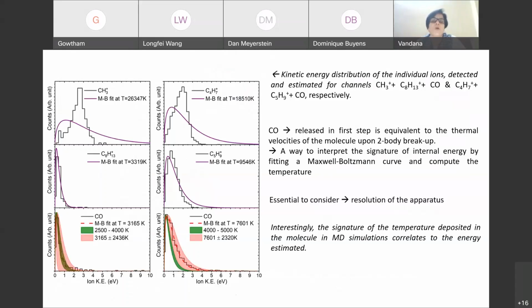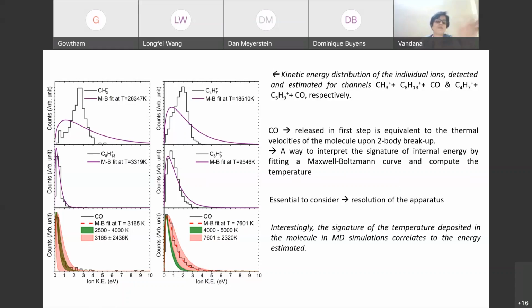So what we did, we plotted the kinetic energy spectra for the fragments, and we deconvoluted the experimental apparatus resolution. What we fit was the Maxwell-Boltzmann distribution curve, which essentially tells you the internal temperature of the whole molecular ion.